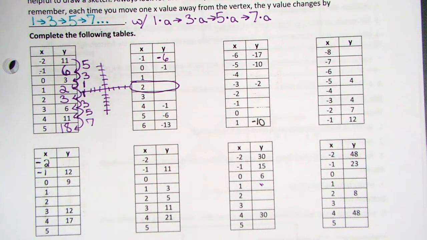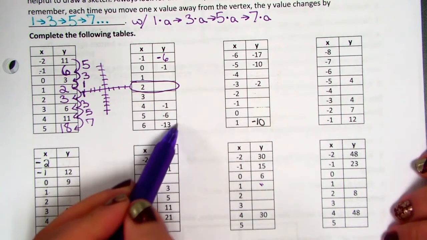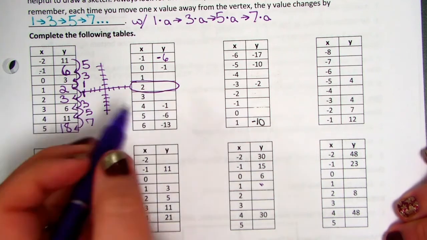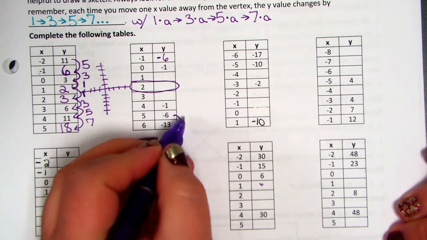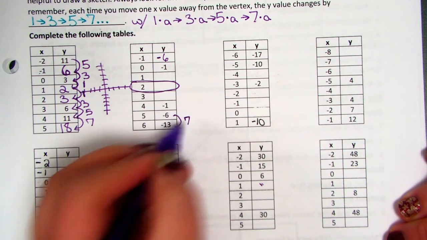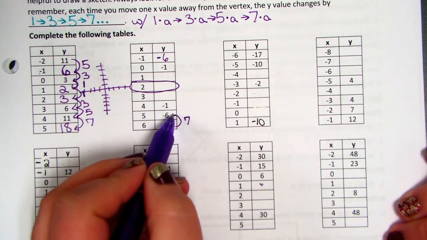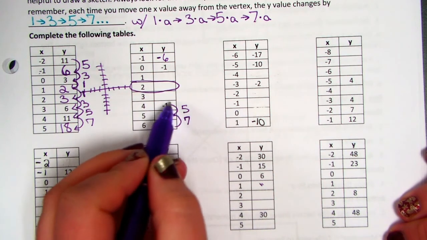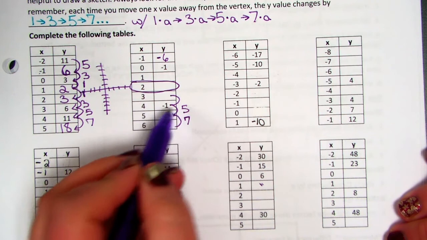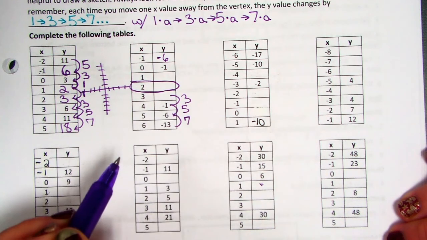So let's find the distance between each of our points that we know. The distance between -13 and -6 is 7. The distance between -6 and -1 is 5. So that would mean this next distance should be 3.